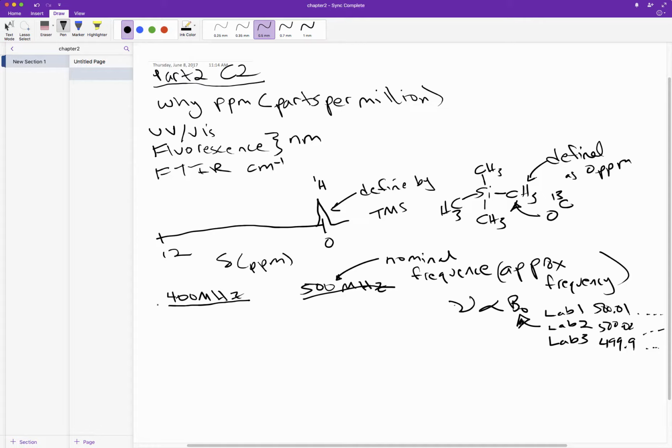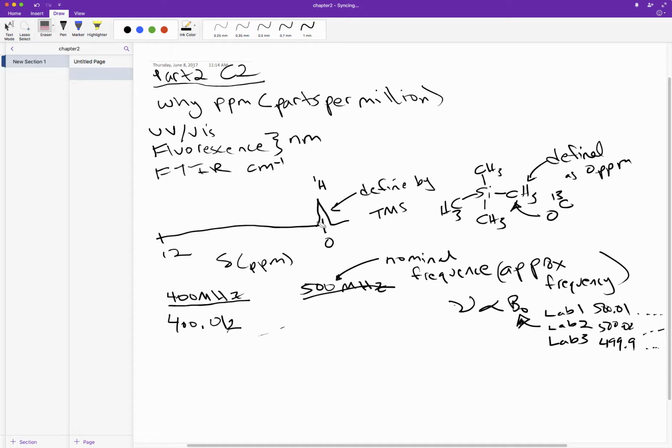So that lab may have something like 400.012, and let's make it 1, 2.